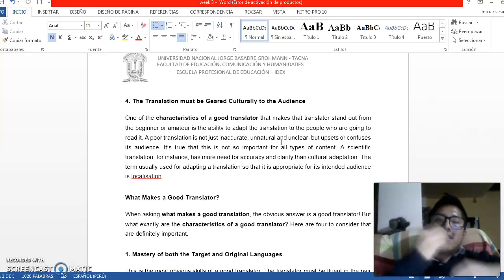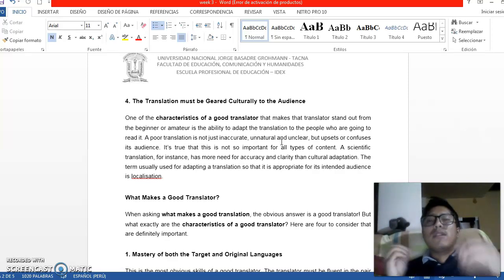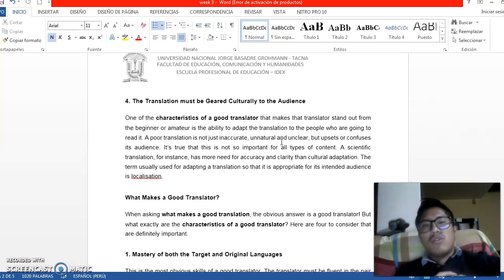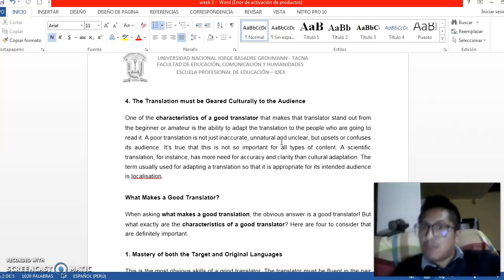When you are translating in groups or alone, think about the audience, the people who are going to read your translations. Okay, don't forget about it. If you are translating a text for students, try to change sometimes some paraphrase of words according to the audience, to young people, in order that they can understand too.